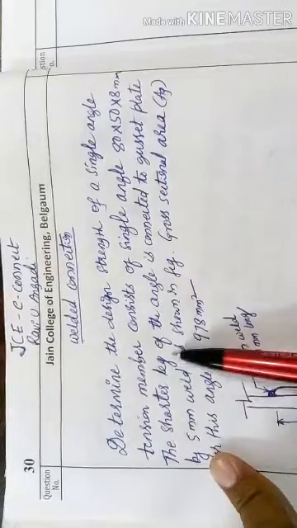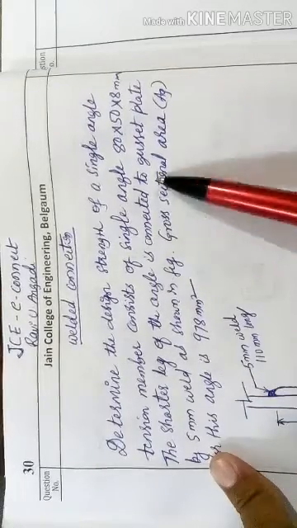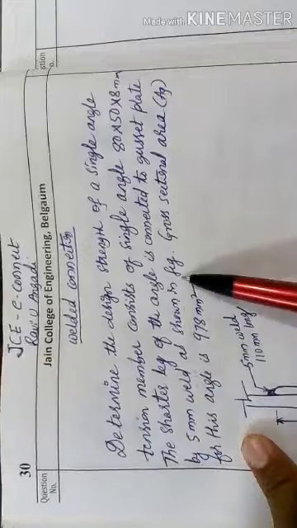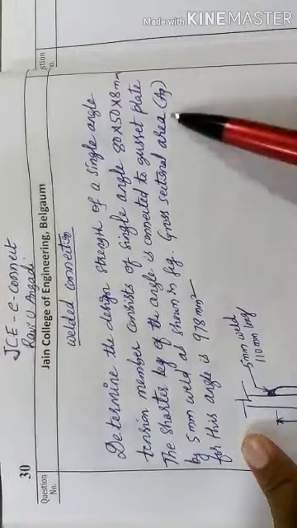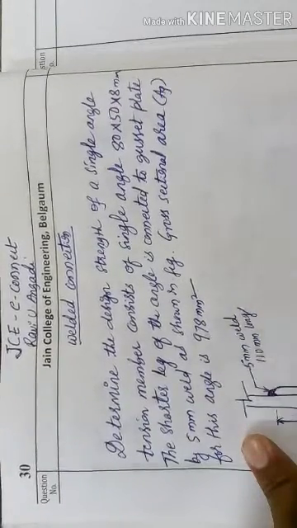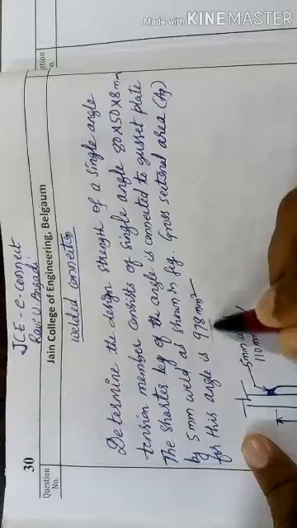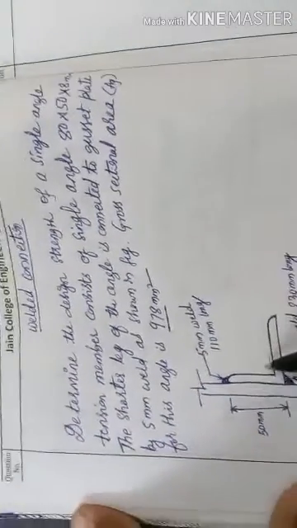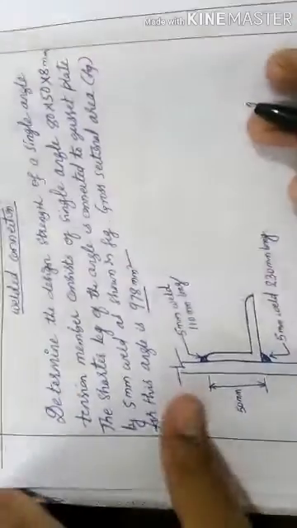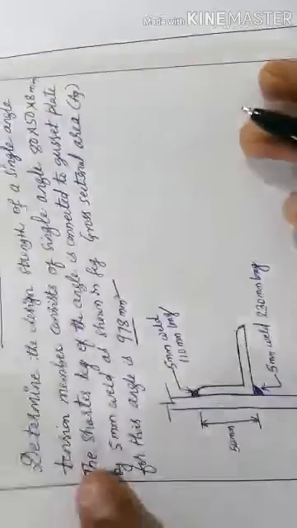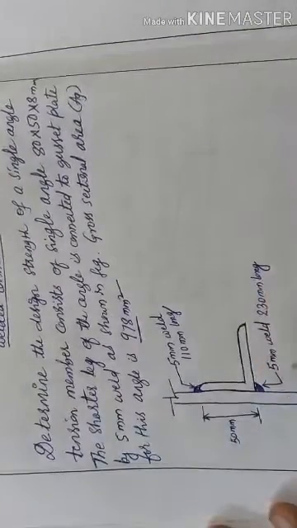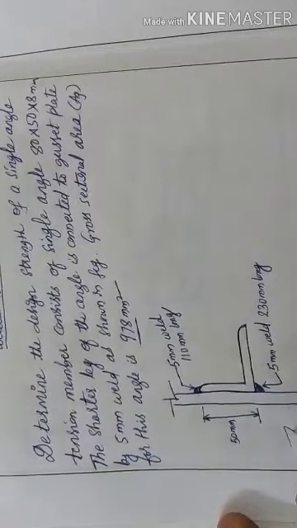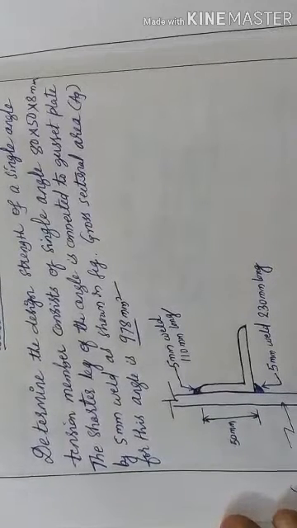The shorter leg of the angle is connected to the gusset plate by 5 mm weld as shown in the figure. Cross sectional area for this angle is 978. So here this cross section area is given and this is the figure given.